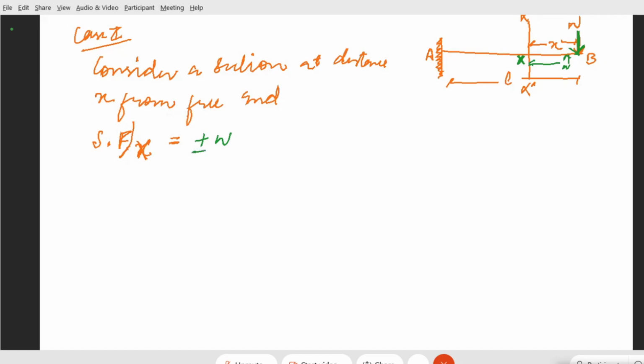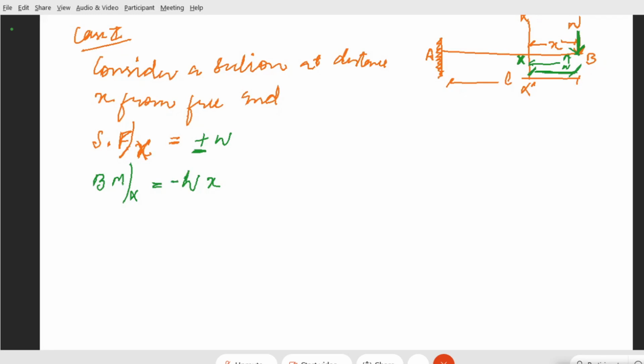Then you have to calculate your bending moment at point X again. That will be whatever load you have multiplied by the distance, the lever arm, that will be W into X. But what will be the sign of W here when you are calculating the moment? It is hogging moment. It will be minus. Simple, nothing much to do.